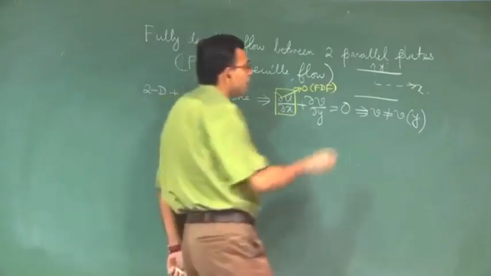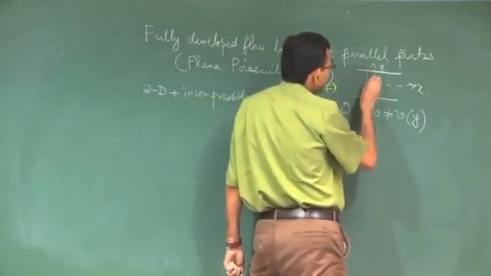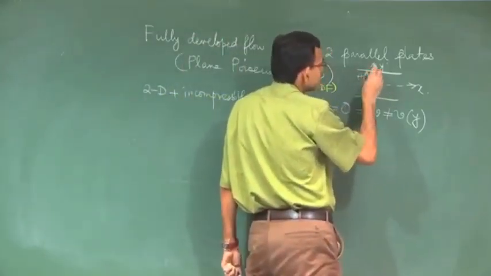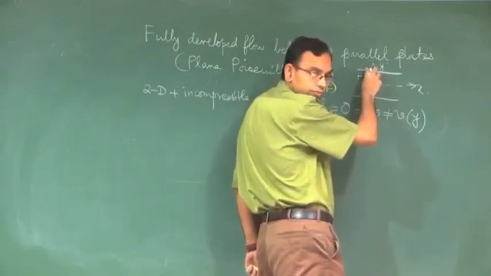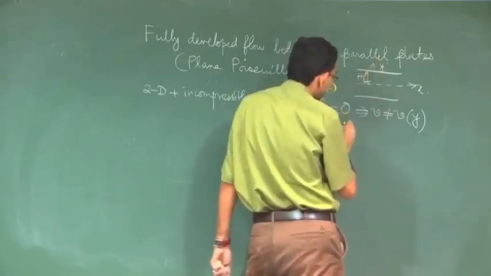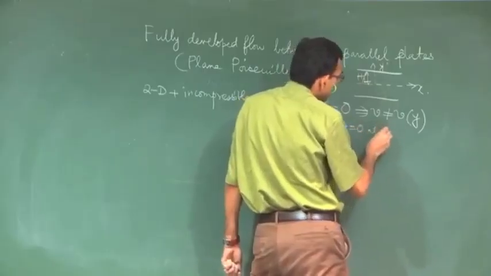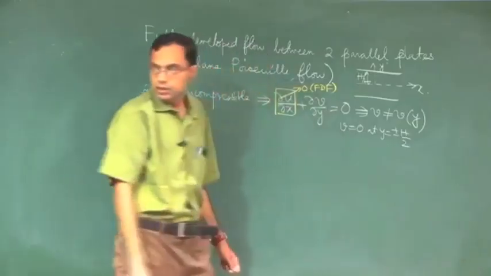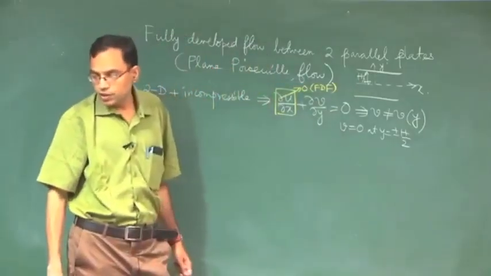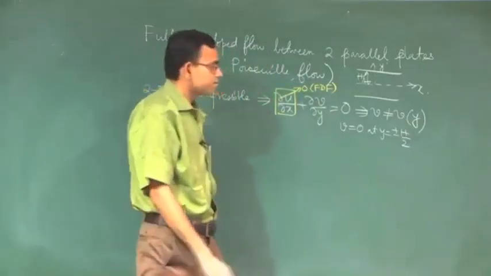Now, at y equal to h by 2 or minus h by 2 both, V is 0 because of no penetration. So, V is equal to 0 at y is equal to plus minus h by 2. This has nothing to do with no slip, it is because of no penetration.